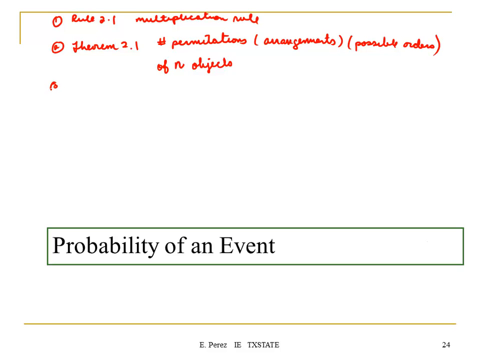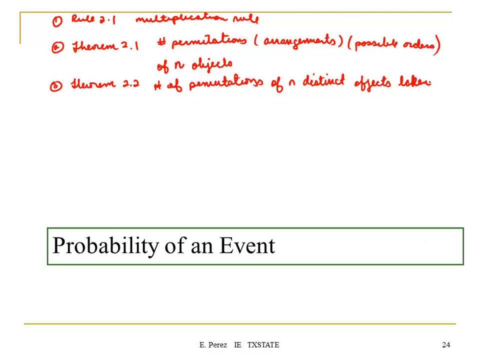We also have theorem 2.2. This is for the number of permutations of n distinct objects taken r at a time.